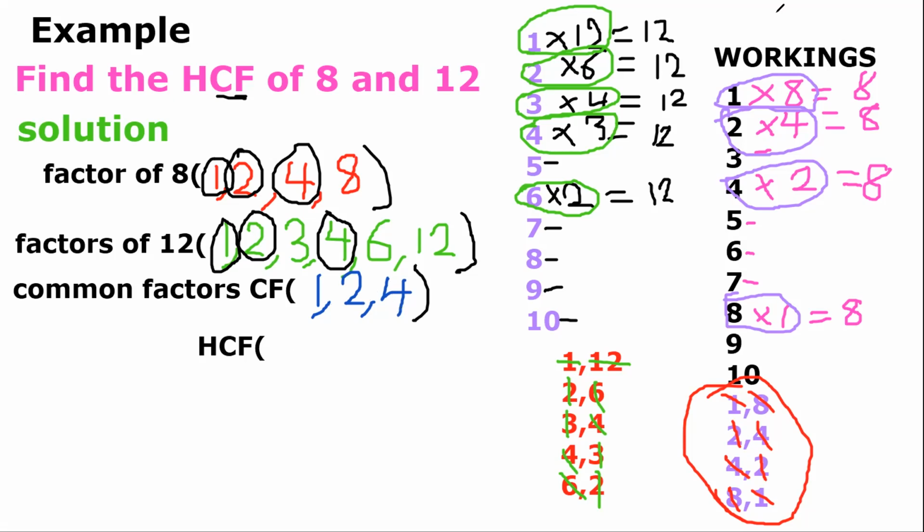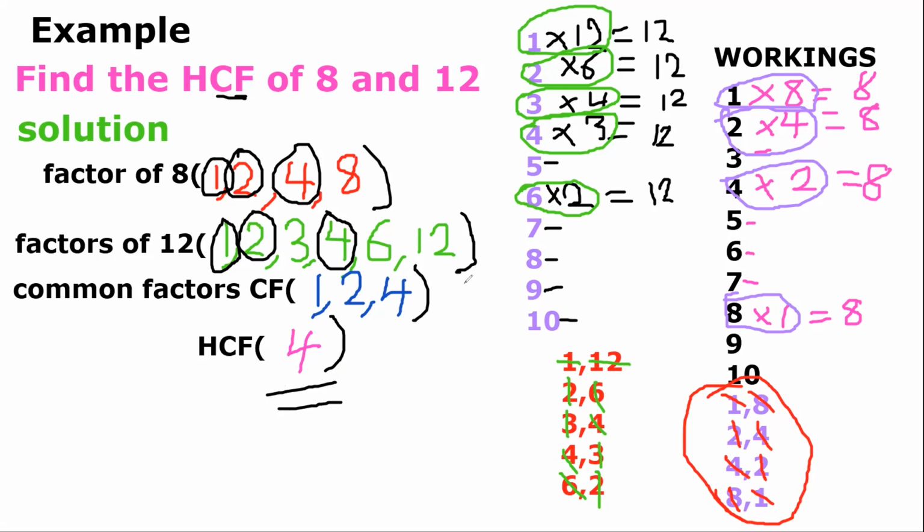So then our highest number here is 4, because within 1, 2, and 4, the bigger number within it is 4. So 4 is the highest common factor here. Okay, so the highest common factor of 8 and 12 is 4.